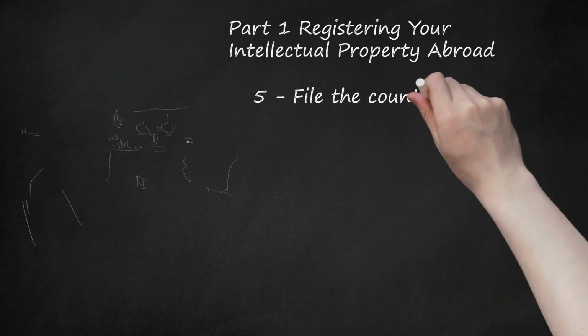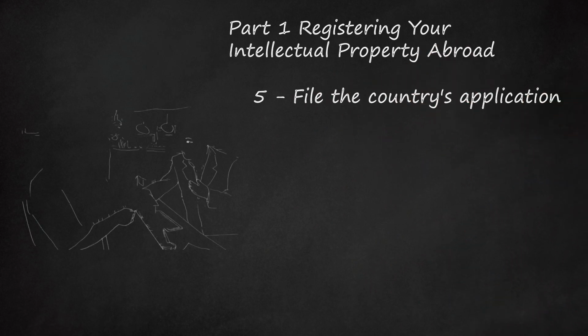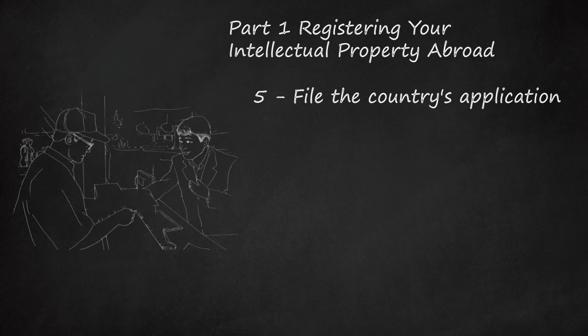5. File the country's application. Once you have completed the application, your designated agent will need to file it with the appropriate state agency. In China, for example, you would file your patent application with the State Intellectual Property Office in Beijing. Once your application is submitted, it will be reviewed to ensure your application meets all of the statutory requirements.